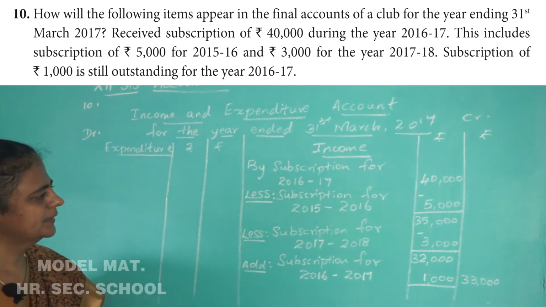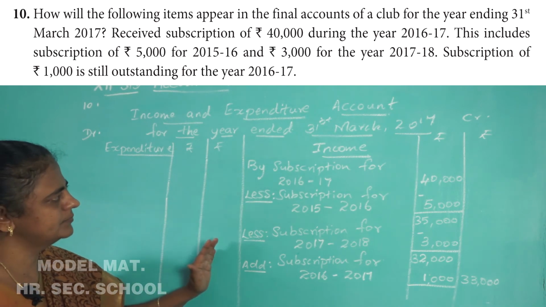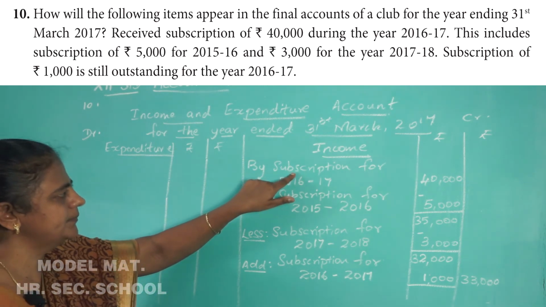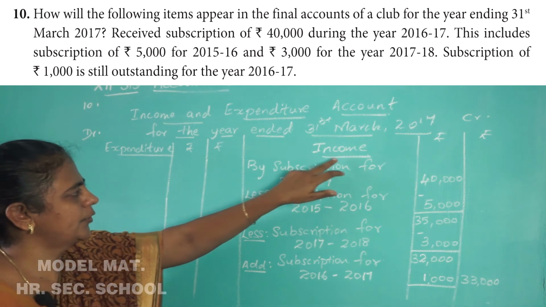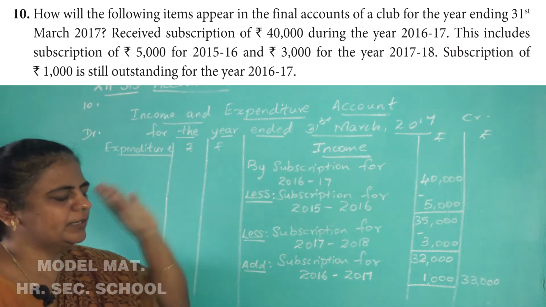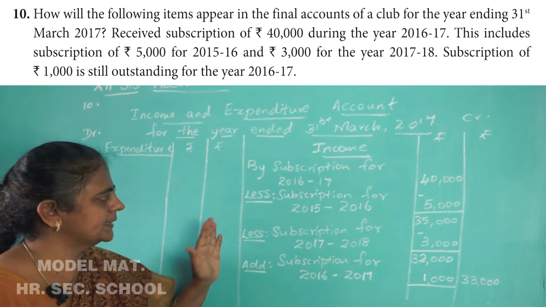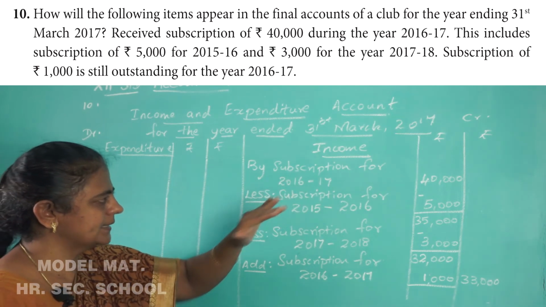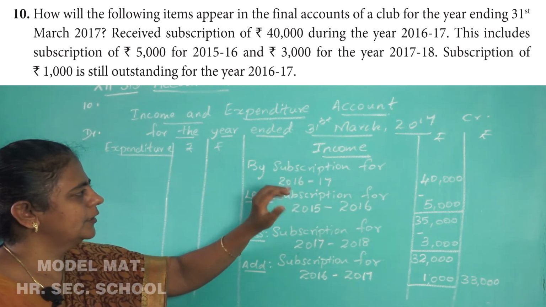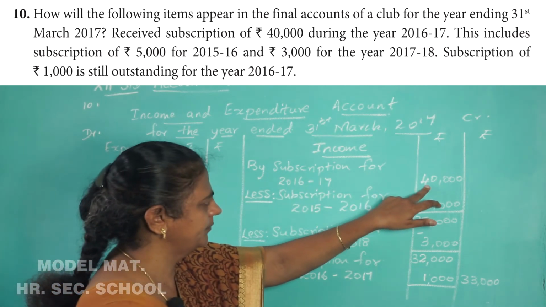Understood, children? It's very easy, very simple. Subscription is a receipt. It is an income. So put it on the credit side. You are going to take only what is related to the current year. 2016-17 is the current year. In the current year, you have received 40,000.